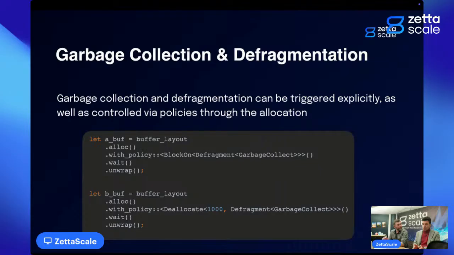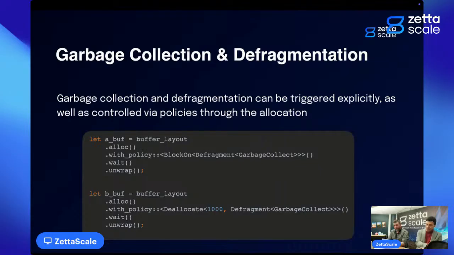You can decide to run it as a consequence of an allocation. I try to allocate. I don't have anything more on my free list. Then, as you see here, I could use a policy, block on, let's ignore for a moment the defragment. Suppose I only garbage collect, then this would try to do a garbage collection. So as a result, all the free buffers would be put on the free list.